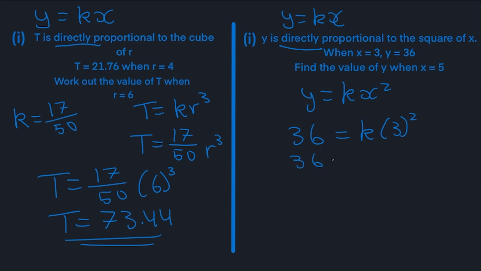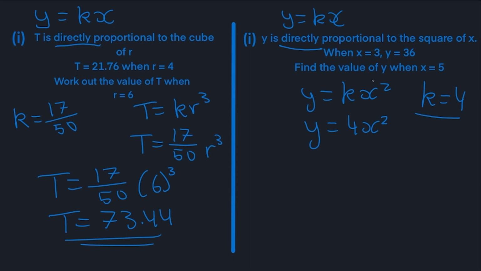We can rewrite this as 36 equal to 9k. And our k is equal to 36 over 9. So our k is equal to 4. Now that we know our k is equal to 4, we would just rewrite this formula and put 4 for k. So y is equal to 4x squared.